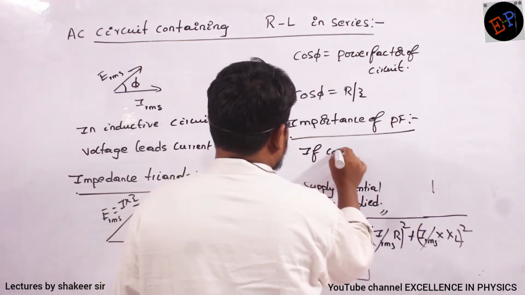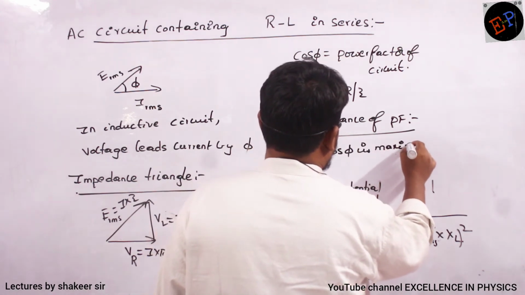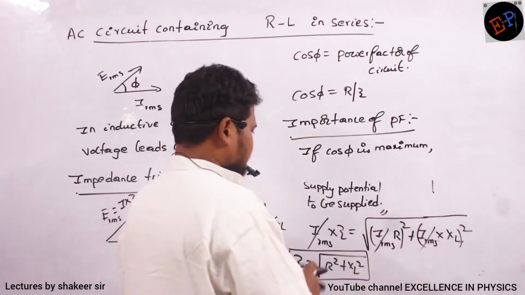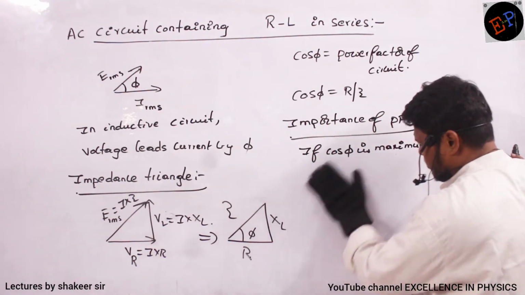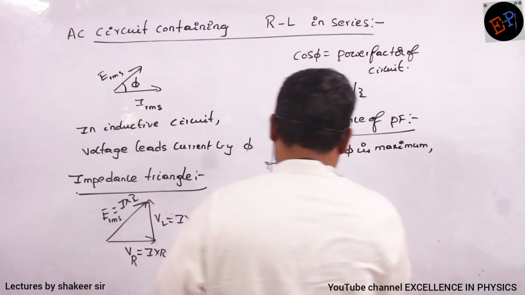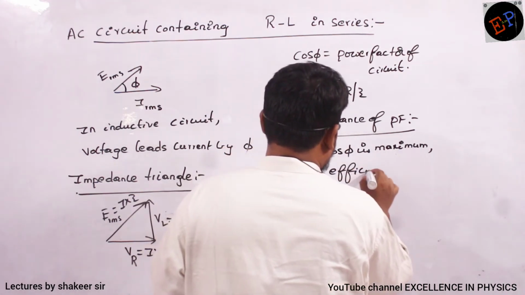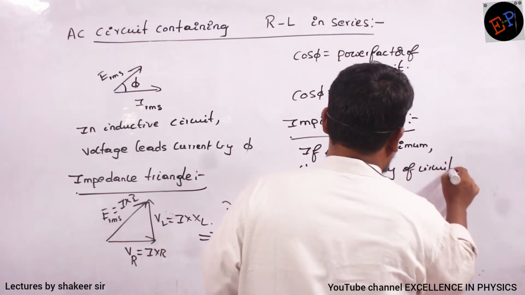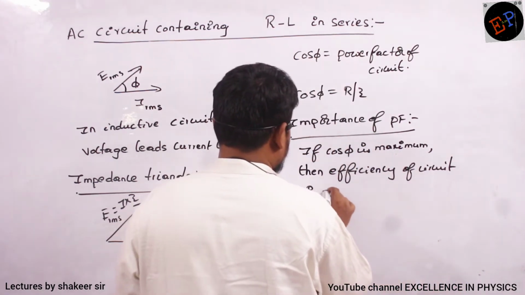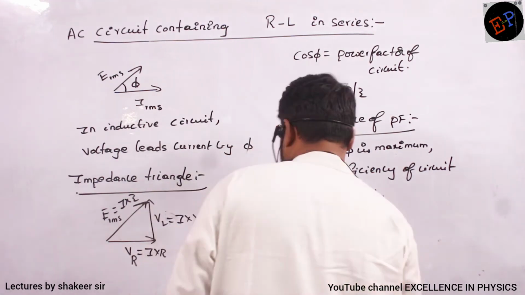So if cos phi is maximum, then the efficiency of the circuit is maximum. Okay, ma? Now can you say what is the maximum value of cos phi?